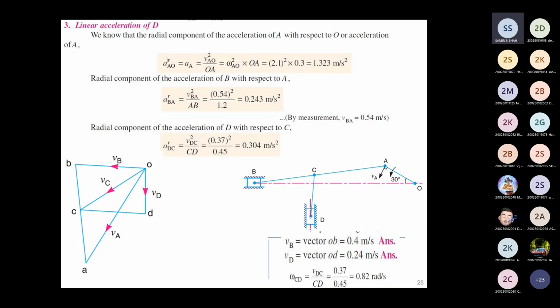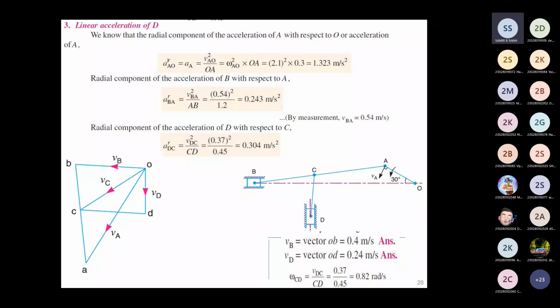Whatever scale you take, either 0.1 meter per second square is equal to 0.5 centimeter, or 0.1 meter per second square is equal to 1 centimeter, that depends on your page space.